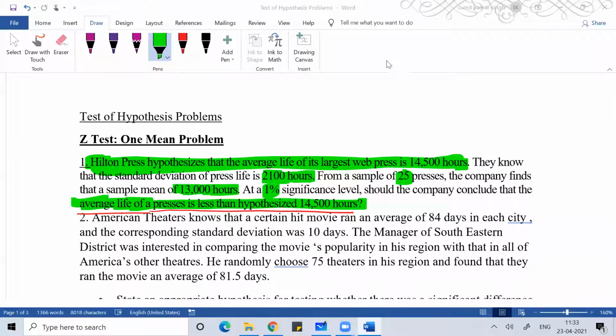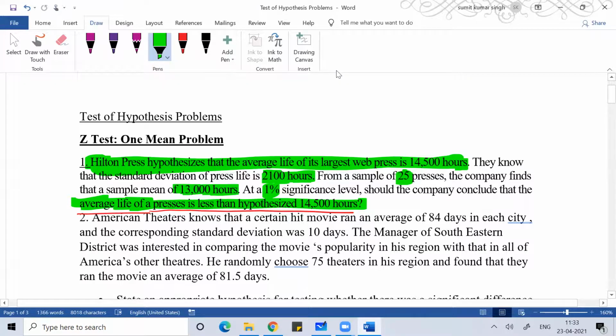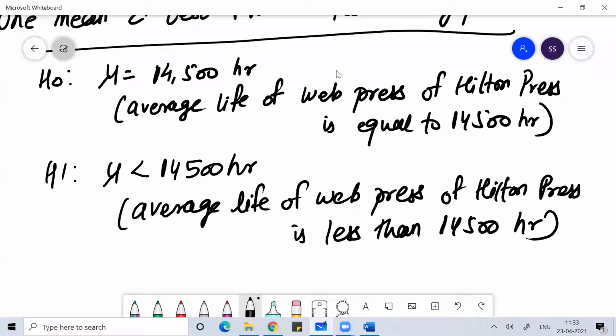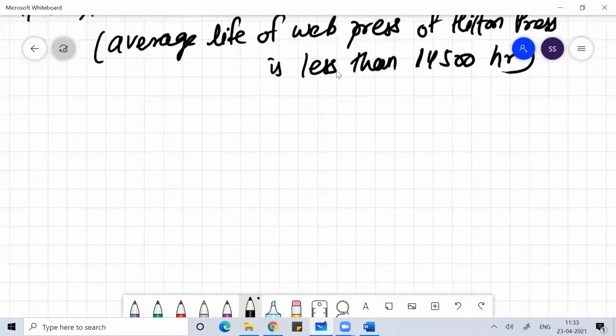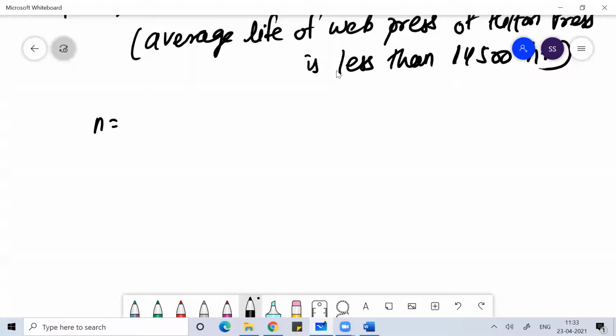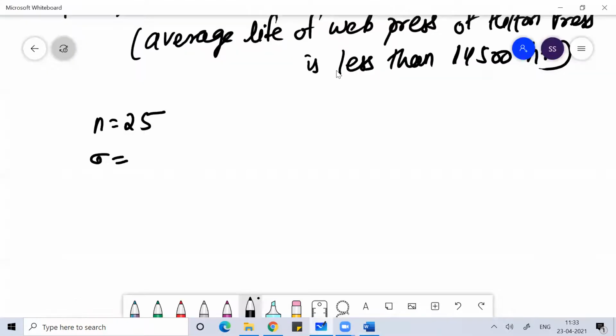So if you see this problem, your n is equal to 25, and the population standard deviation given to you is 2100 hours.